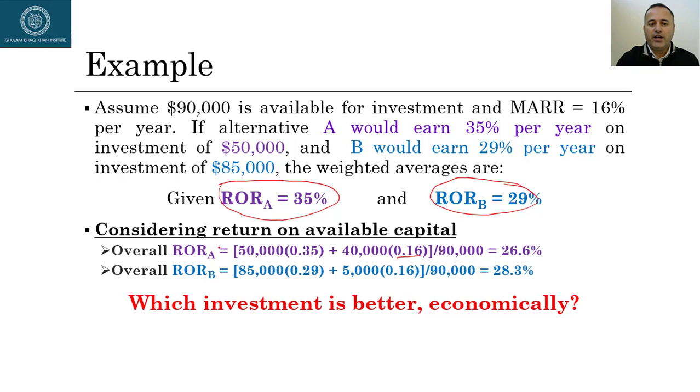If I compare the overall rate of return, for project A it is 26.6%, and that of project B is 28.3%. So the main reason I gave you these two examples is to introduce you to a situation where there exists a ranking inconsistency.